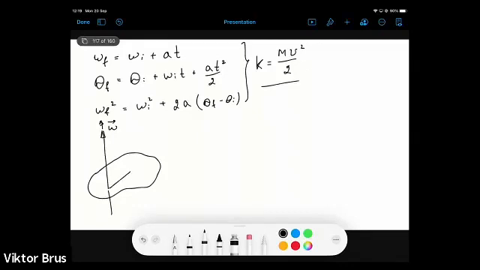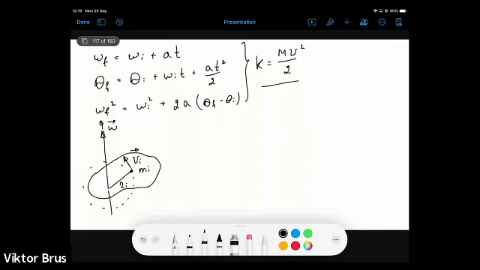Then this is our radius, Ri, to one of many points of this body with mass Mi. Its trajectory will be such a circle. And here is the linear velocity vector of this point Mi. So it will be the Vi vector.